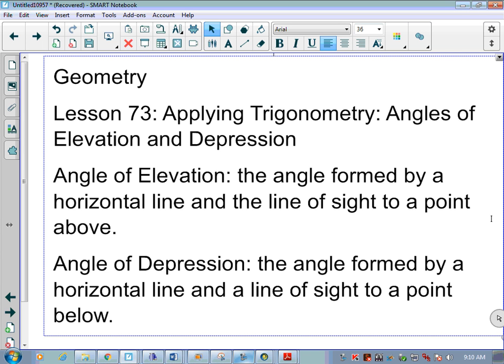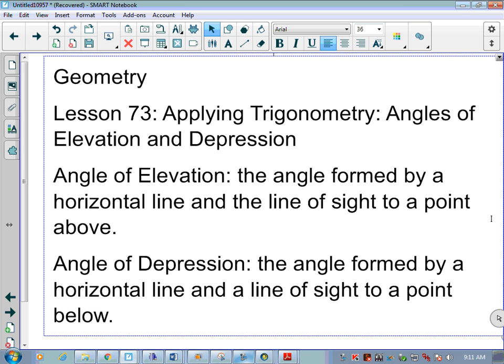So there's an angle between my horizontal line of sight and the line that goes up as I look at the light back there. This angle right here between my hands is called the angle of elevation. And essentially what that forms is a right triangle. This is my line of sight, that's my angle of elevation. Does that make sense?